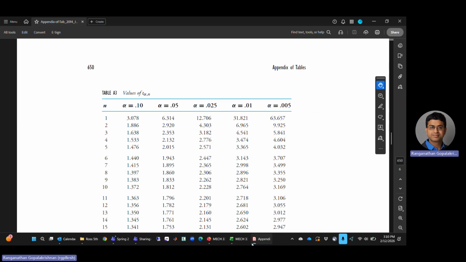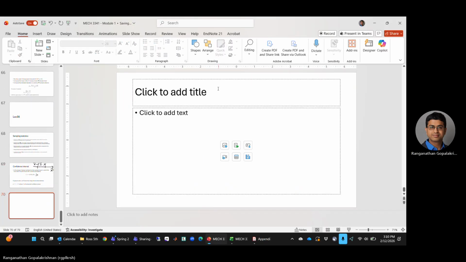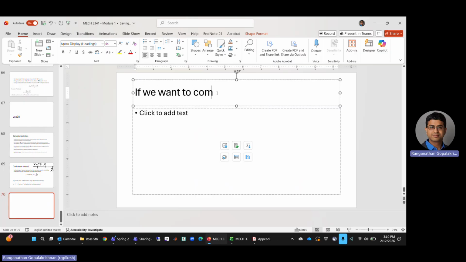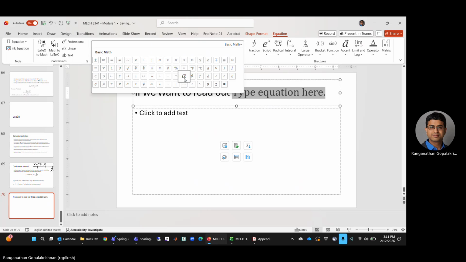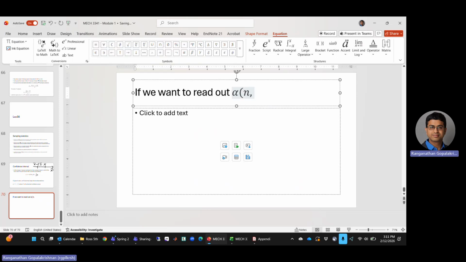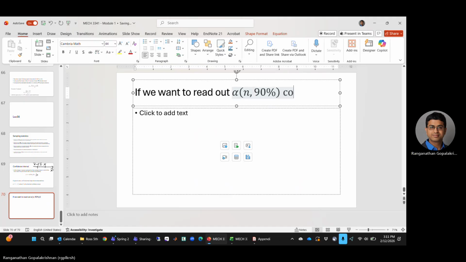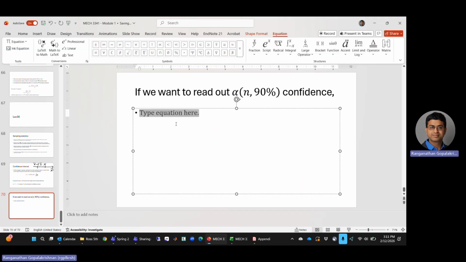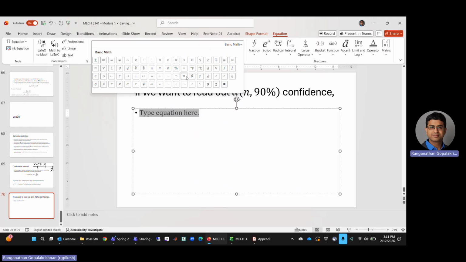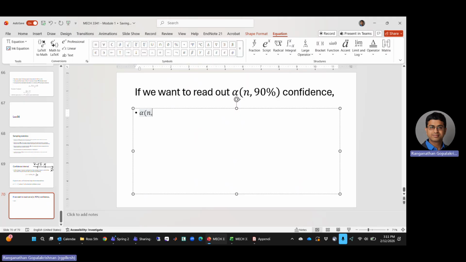So what that means is, if we want to read out the t value for n observations and 90% confidence, we would go to the first table of n and p equals 0.9.